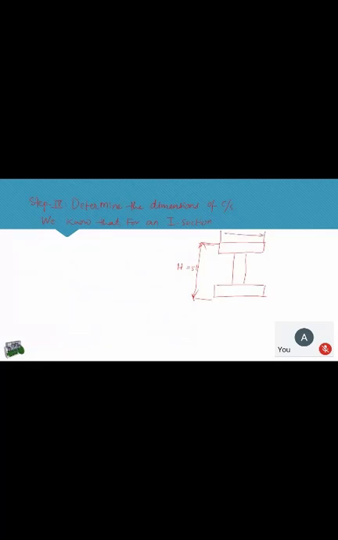This is the nominal width, d as 4t, and this is the uniform thickness, t. Therefore, let nominal width B is equal to 4t, which is equal to 32 millimeter.